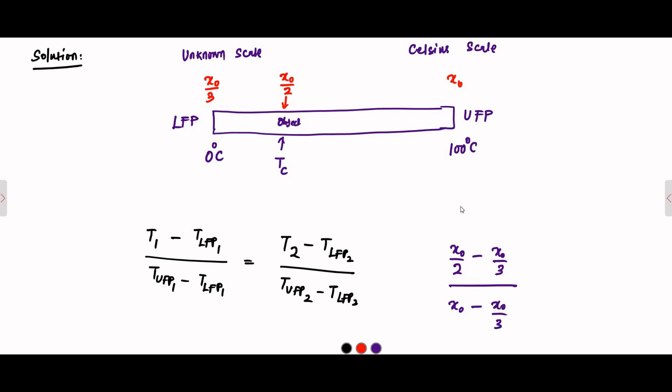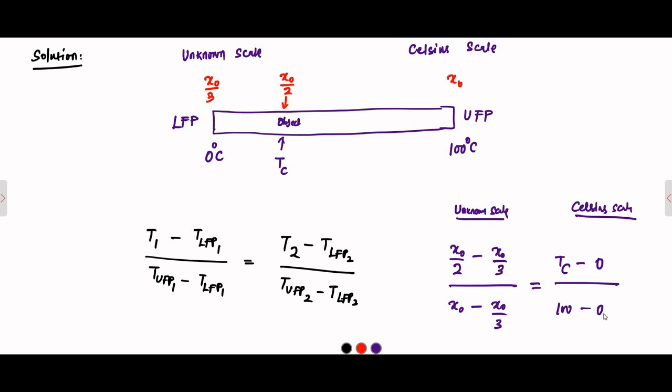This is for the unknown scale. Then we'll equate it with the Celsius scale. What is the equivalent of this x0 by 2 in Celsius? Let's name it Tc. Then the lower fixed point in Celsius is 0, upper fixed point 100, so 100 minus 0.